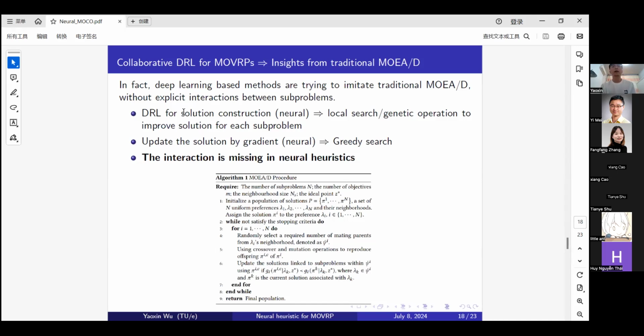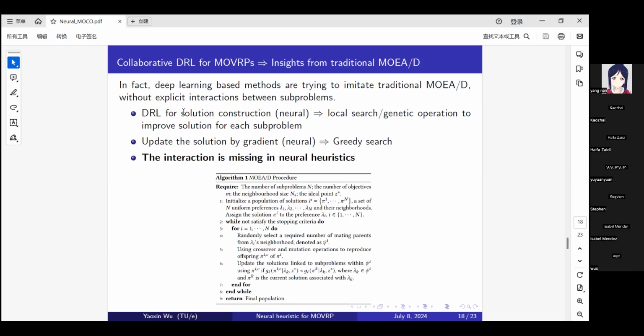So we found that the deep learning based methods in the literature are trying to imitate the traditional MOVRP methods. It means we just give a group of preferences and get the subproblems, the single objective vehicle routing problems for each preference.